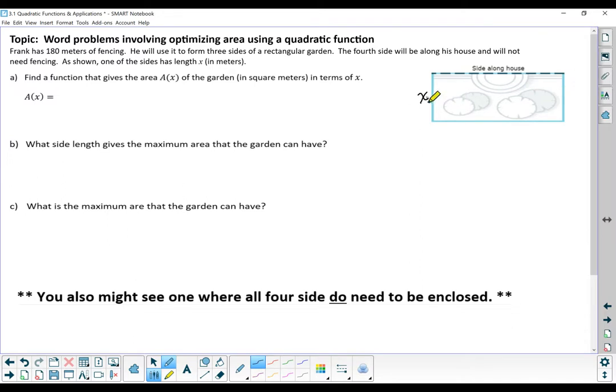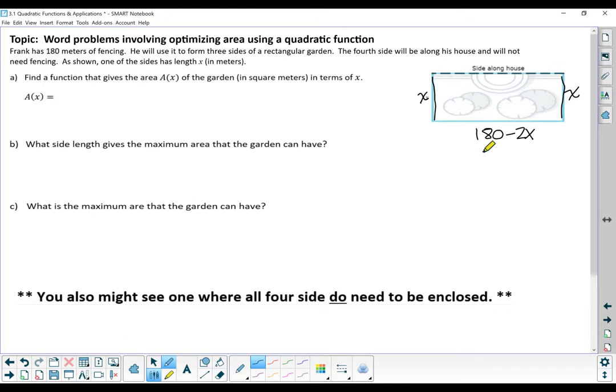Well, if this side of the rectangle is X, then this side is also X. So we've got 2 X's. Our total fence length is 180 meters. So when we think about the fence here and the fence here, we've used 2x, so this other side will have a length of 180 minus 2x.